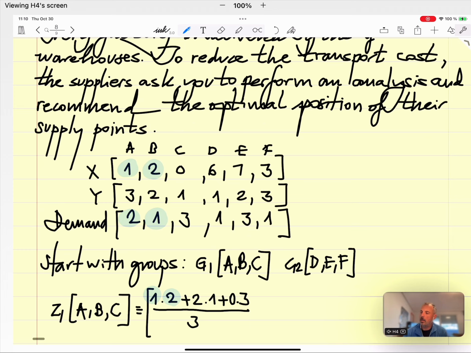Okay. And then 3 times 2 plus 2 times 1 plus 1 times 3 divided by 3.